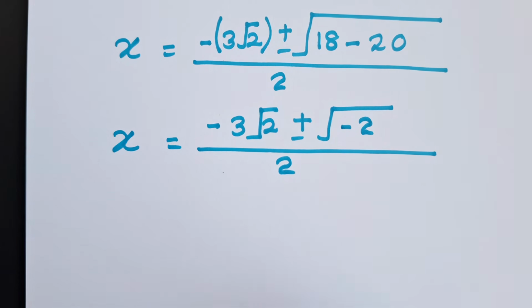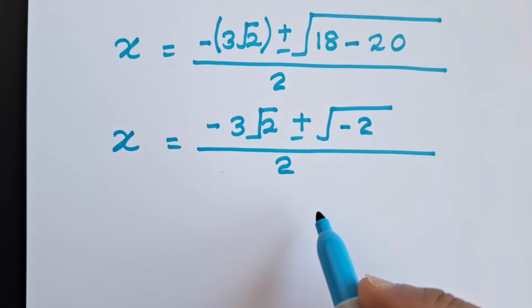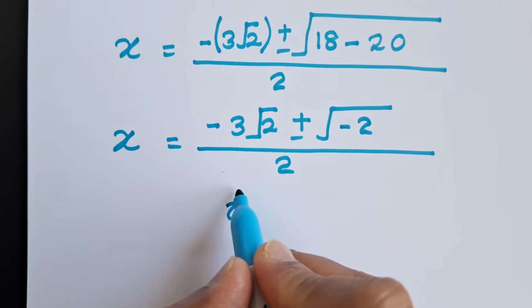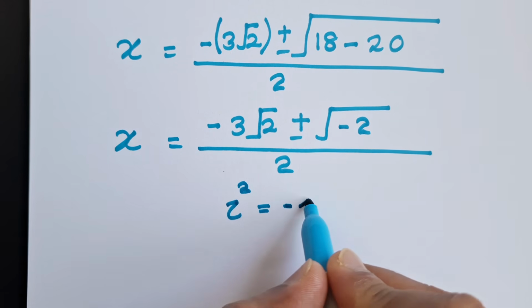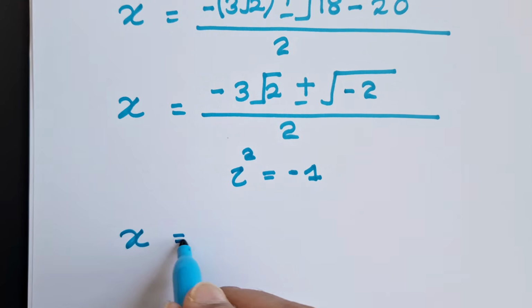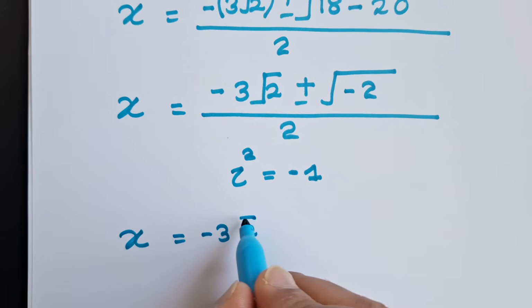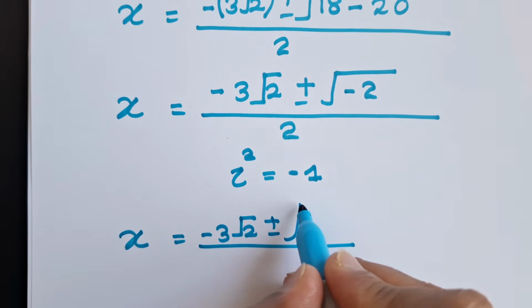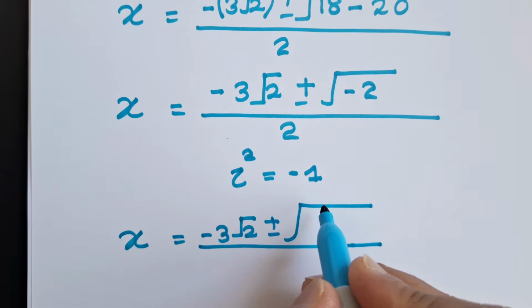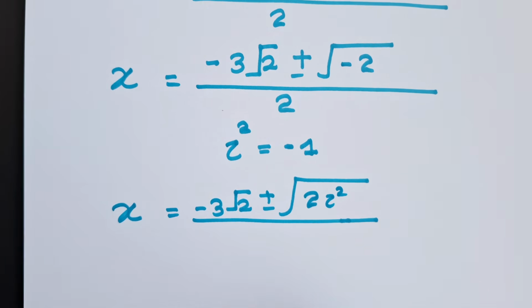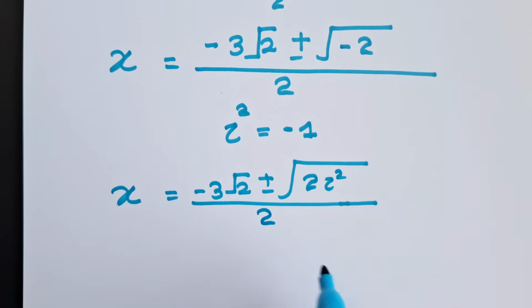But if anyone wants, we can provide complex solutions for this quadratic equation. What we need to do is take i squared is equal to minus 1. Then we have x is equal to minus 3 times square root of 2 plus or minus, here we have 2 times i squared. 2 times minus 1 is equal to i squared, divided by 2.